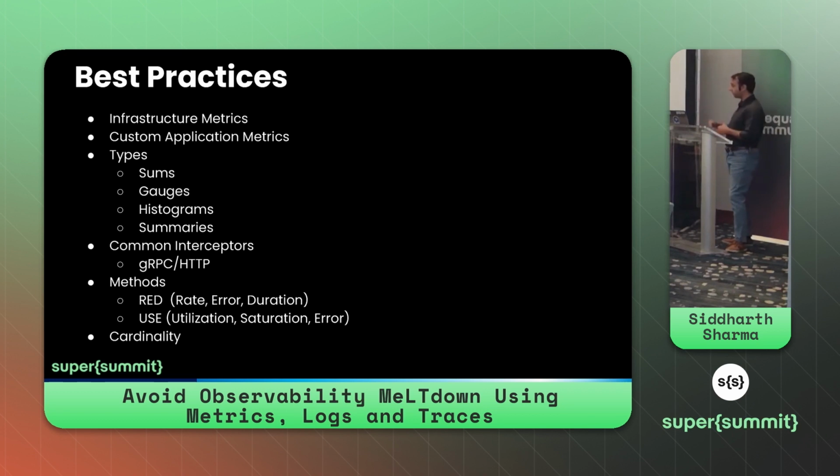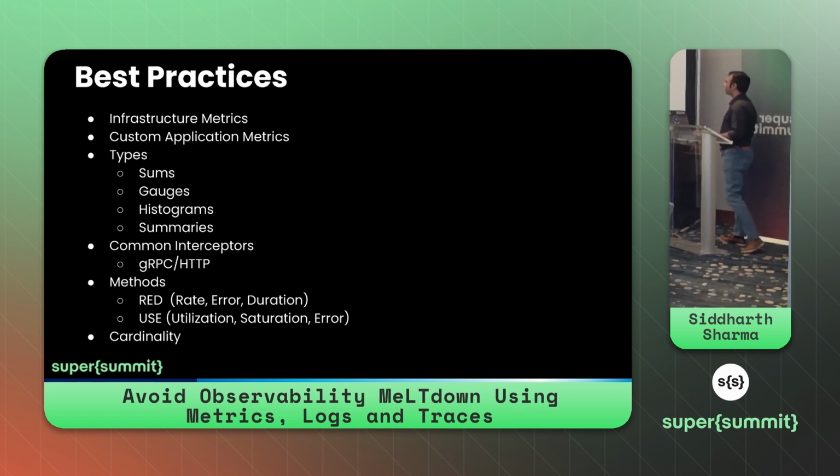That's only possible if you have histograms. Summaries are an old way of doing histograms, wherein the quantiles are decided in your client, and before even sending out the metric, you are computing the P50, P90 on the client side. So I would say we should stop doing summaries and stick to histograms.